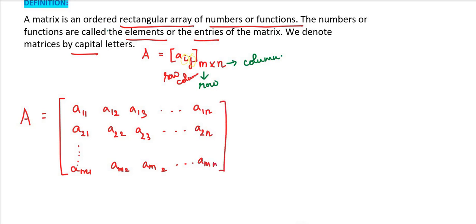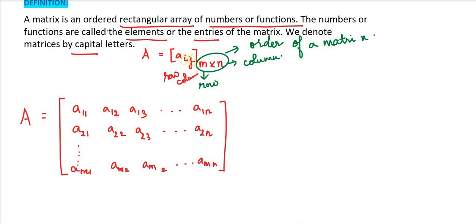What are all these? The element a with subscript 11 represents the first row and first column element, a_ij. The i represents the place of the row and j represents the place of the column in the given matrix. And this m by n is nothing but the order. We call it m cross n, or m by n, and it is the order of a matrix.